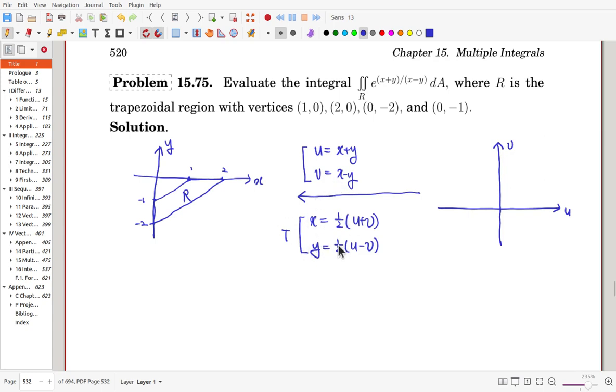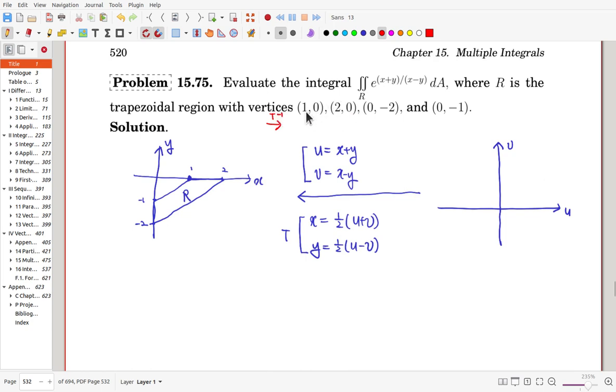That's the transformation, but we have to find the pre-domain for the region R. Let's find the corresponding coordinates for these 4 points, using the T inverse.